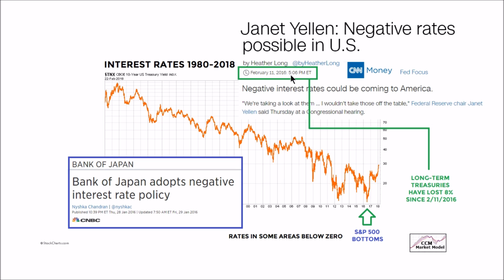Since then, sentiment has shifted, and TLT, while the stock market has done extremely well, has lost 8% of its value, and that includes dividends, since February 11th, 2016. So we're not talking about something that might happen. It's already happening. Stocks have significantly outperformed bonds since we were reading things about negative interest rates in 2016.